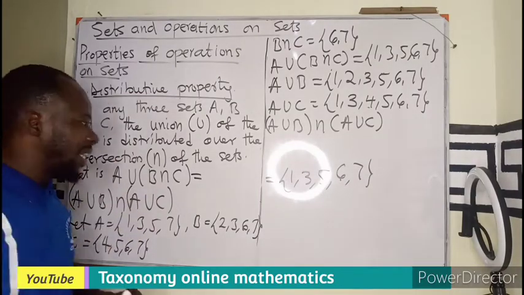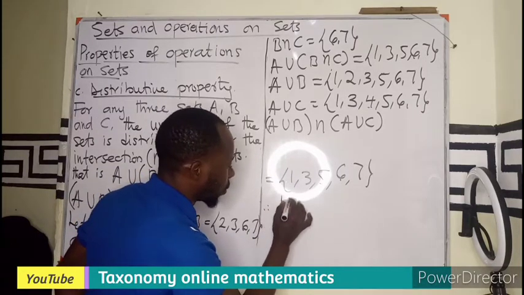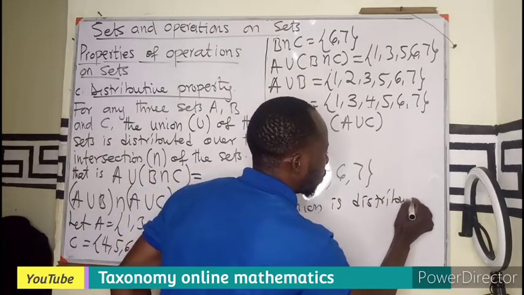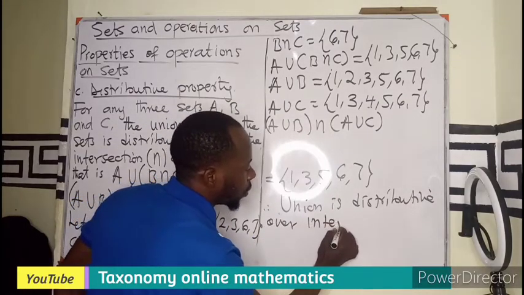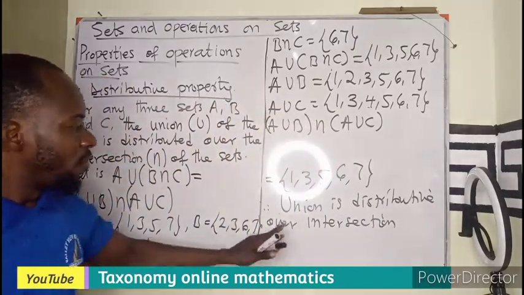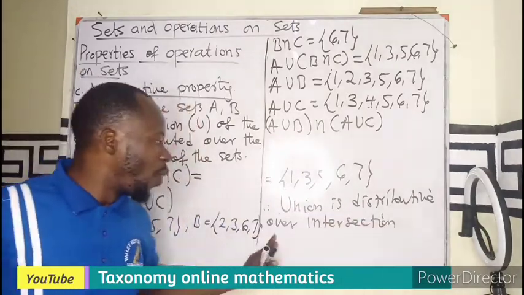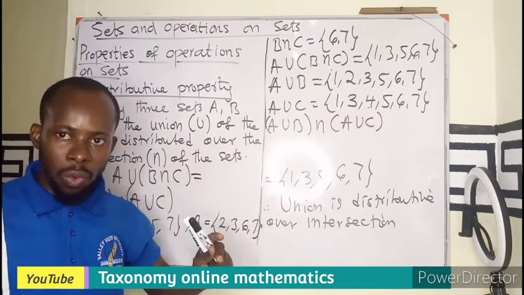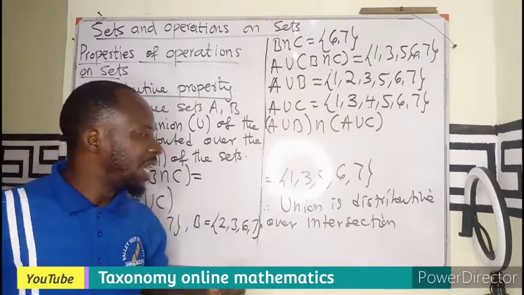So we can easily say that union as an operation is distributive over intersection. The vice versa can be true also, whereby intersection is distributed over union.